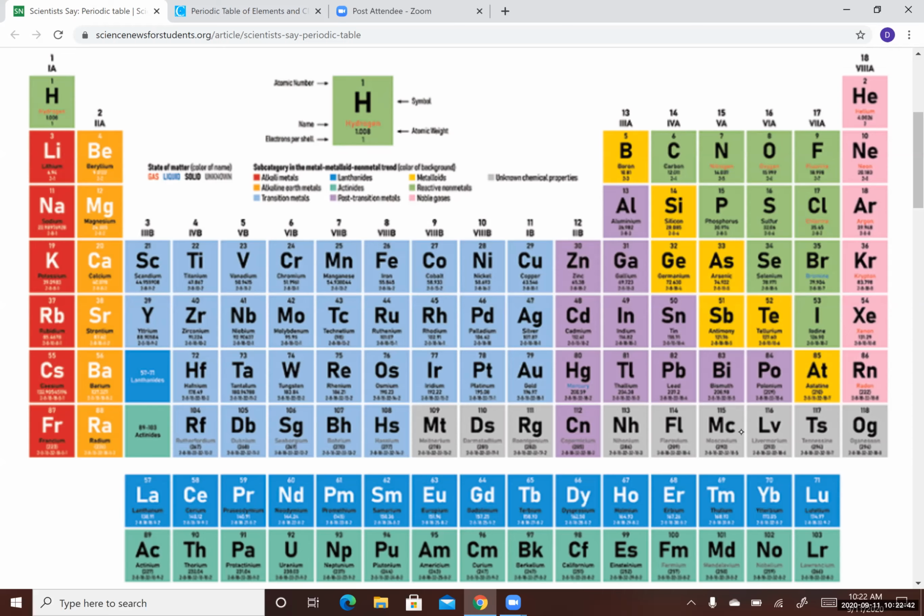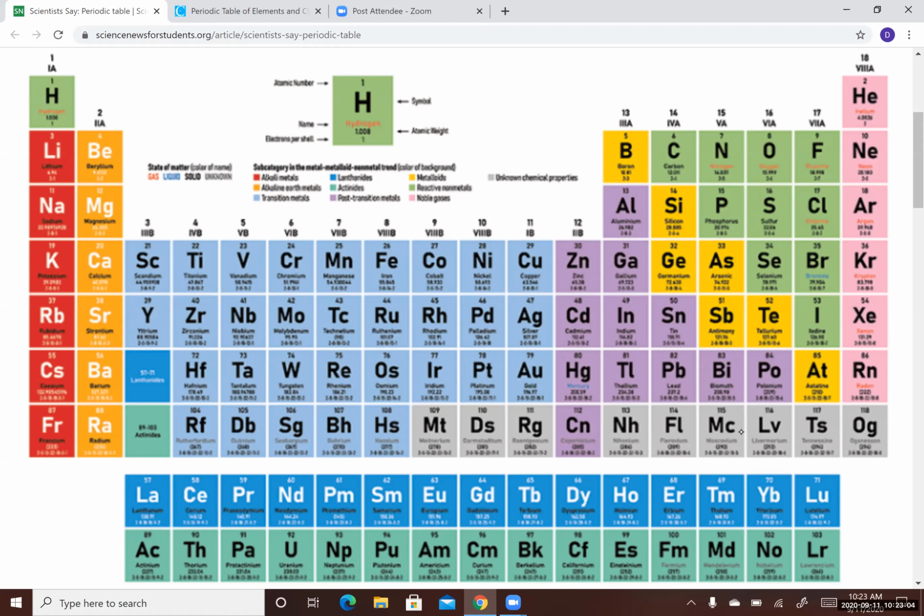The other thing I wanted you to notice on this periodic table is the groups are numbered 1, 2, 3, 4, 5, 6, all the way to 18, but some of them are also shown in Roman numerals. These Roman numerals are the older way of marking the periodic table, and if you ever see people refer to that, group 1A is the same as group 1.